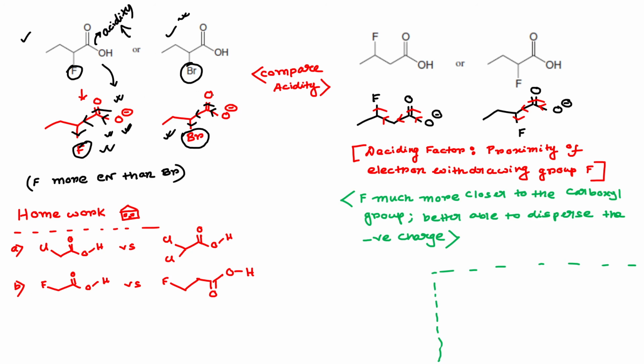Okay, now if you compare the acidity of these two compounds, a similar type of problem. Here you can see that the main difference is the position of the fluorine atom with respect to this carboxylic group. Okay, so you can see that in this case the fluorine atom is much farther away from this carboxylic acid compared to this compound, where this fluorine atom is just adjacent to the carbon atom which is attached to this carboxylic group.